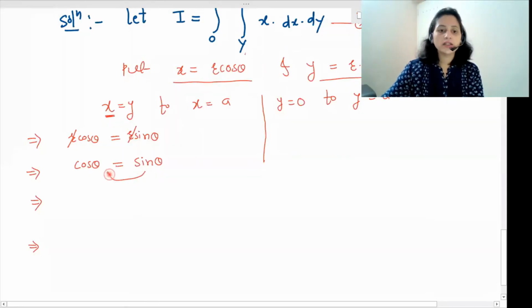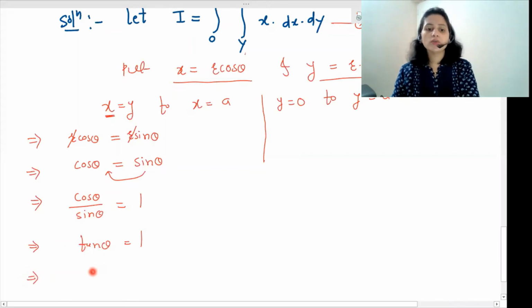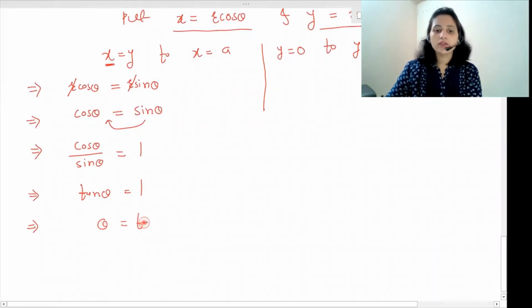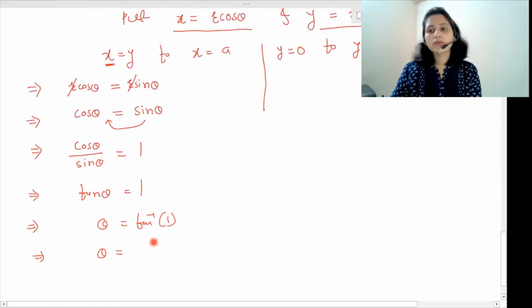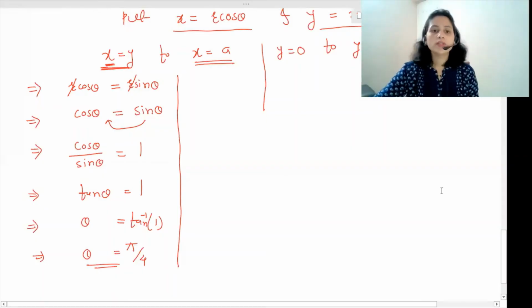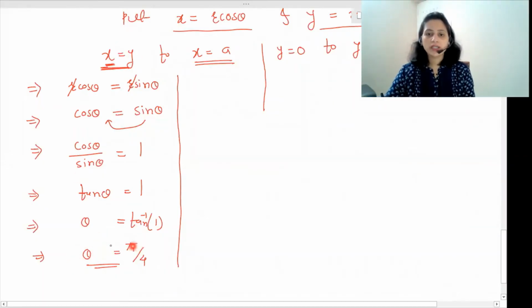I take this to the left-hand side, then I get cos theta divided by sine theta equal to 1. Now cos theta divided by sine theta is nothing but tan theta, which is equal to 1, and tan theta equal to 1 implies theta is equal to tan inverse of 1. So what is tan inverse of 1? That will give the value of theta. Tan inverse of 1 is always equal to pi by 4. So by using this equation, we get the value of theta, that is pi by 4.